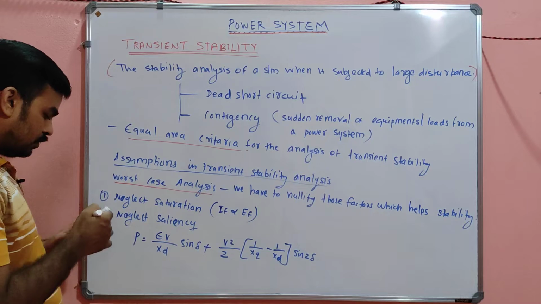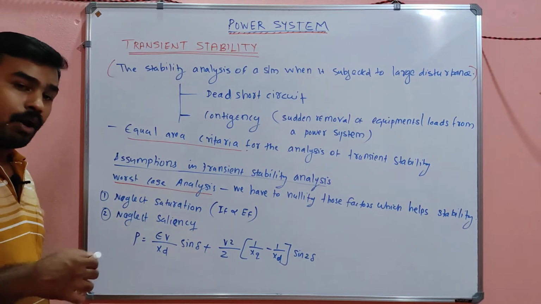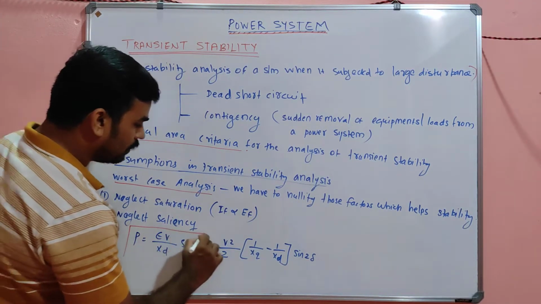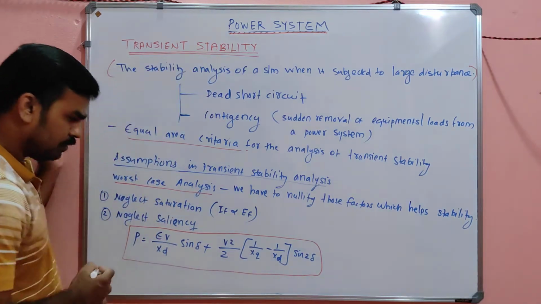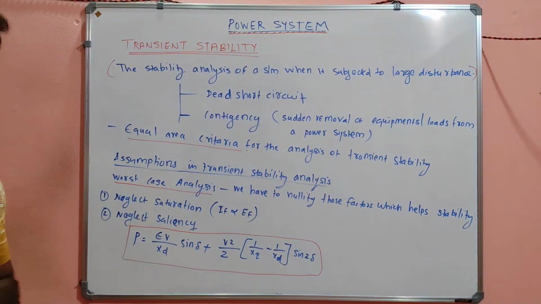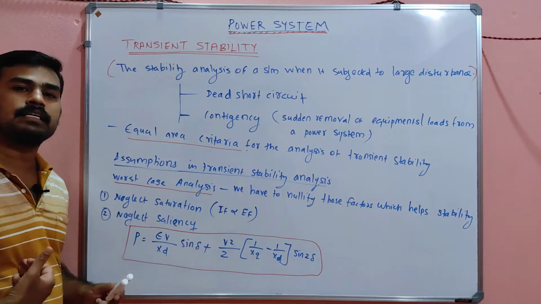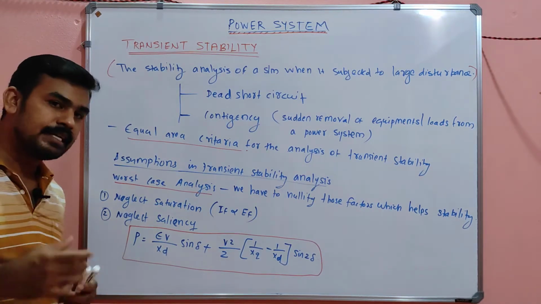So this is the equation of the power output of a salient pole alternator. What is the problem in this power? If we take it for the analysis of stability, is there any problem?